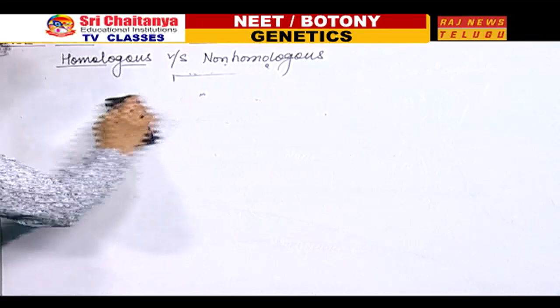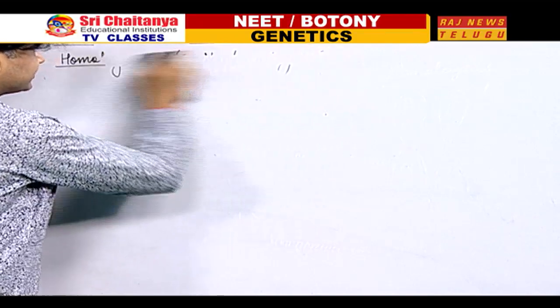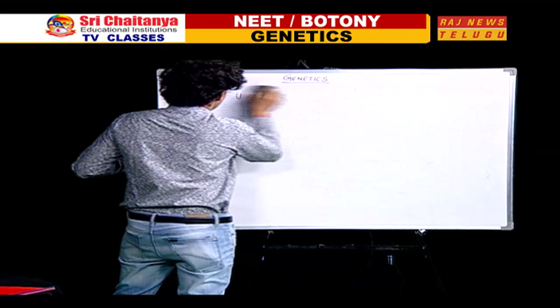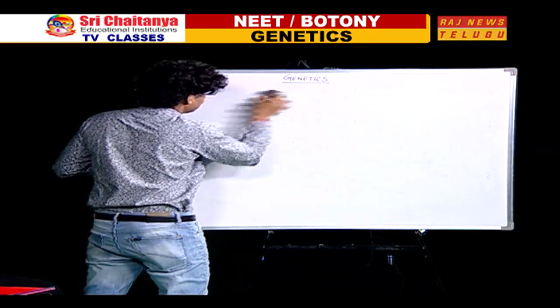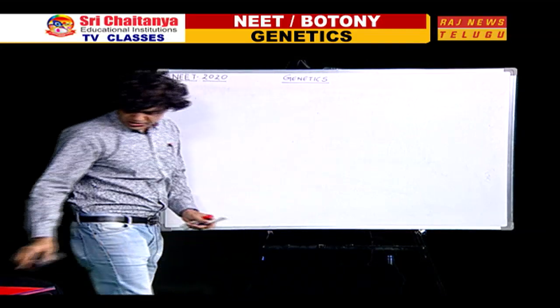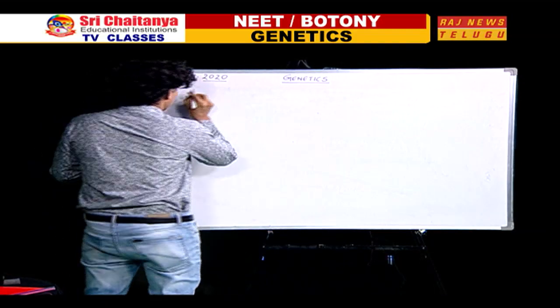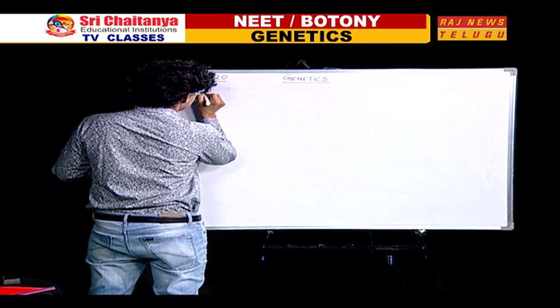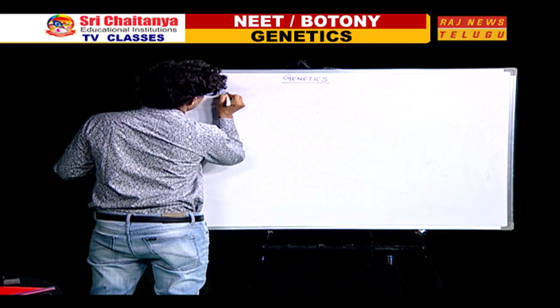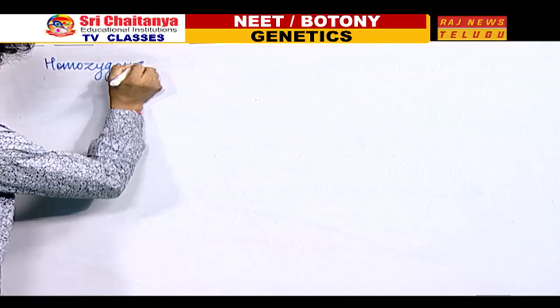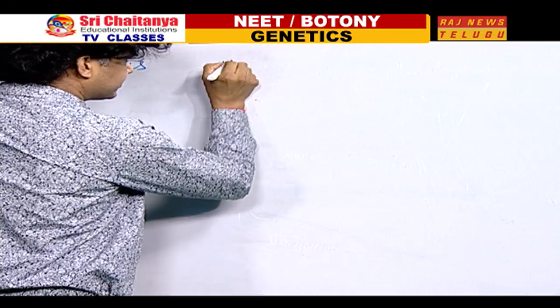Means you can say allelic genes are of two types. Allelic genes show two types of combinations: homozygous and heterozygous.